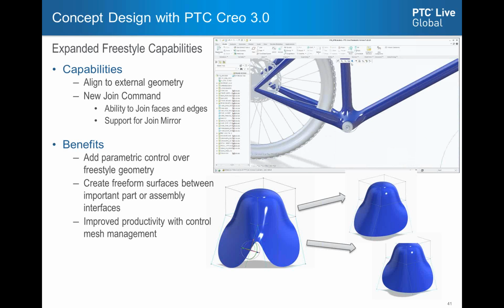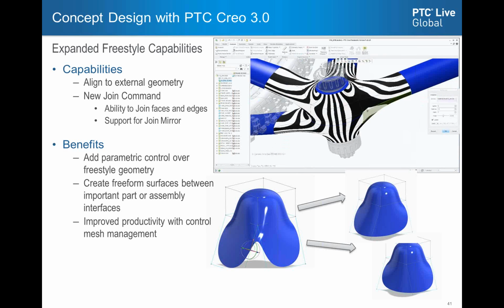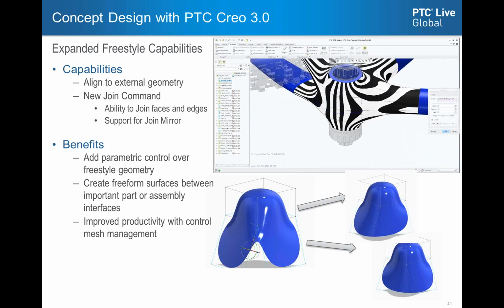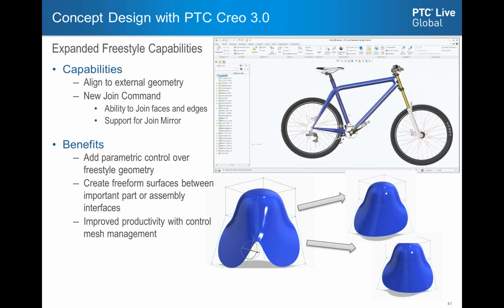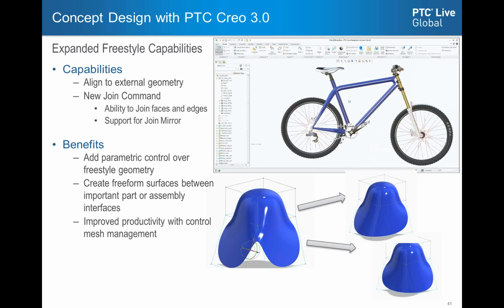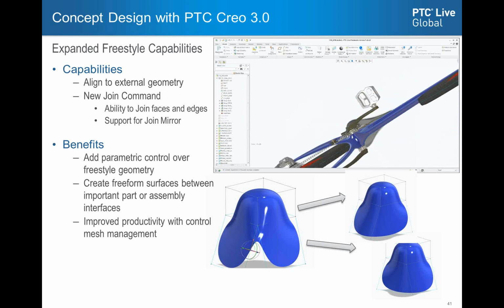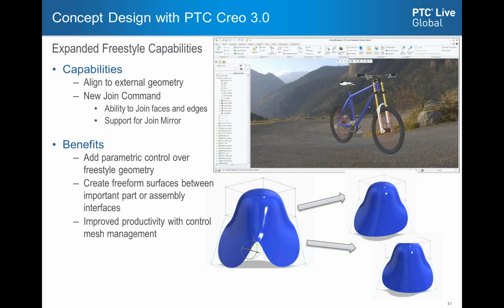But the beauty here is this geometry is now driven parametrically by the other surrounding features in my model. This allows me to go back to my original skeleton model, make a change to it, and regenerate my entire design, and obviously my freestyle geometry will update accordingly.